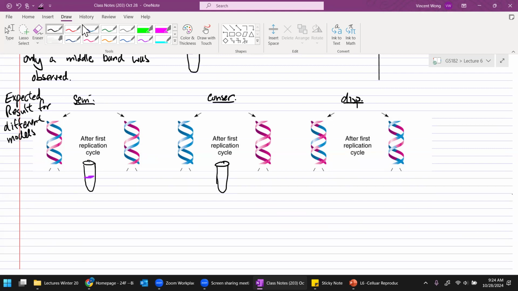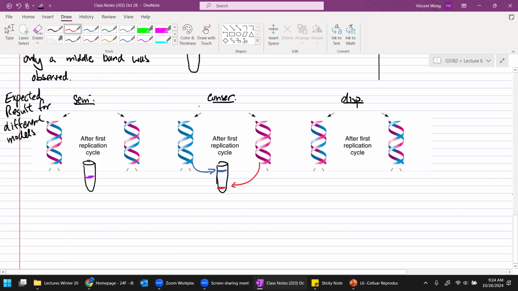Top, middle, or bottom? Top and bottom. That's right. Top for this one, that's the lighter one. And then the heavier one would be at the bottom.